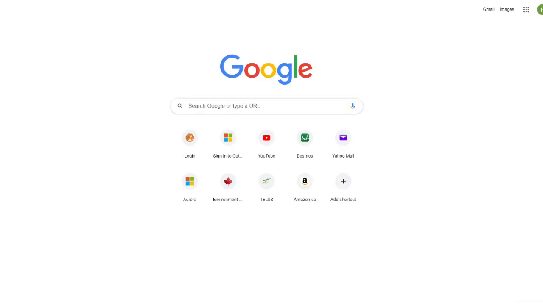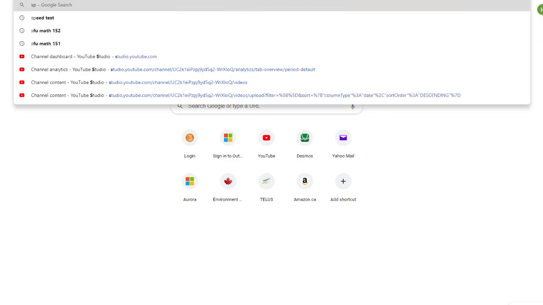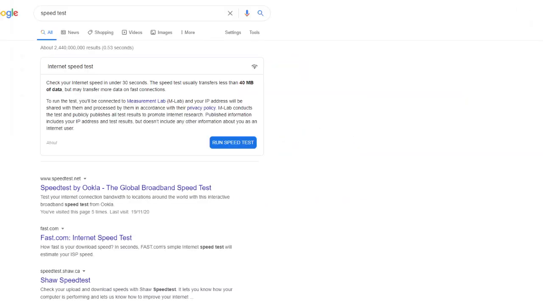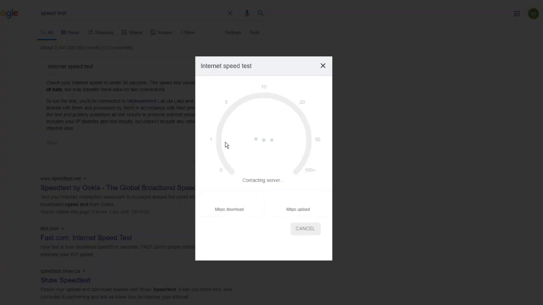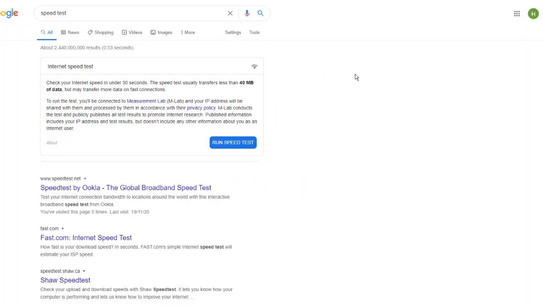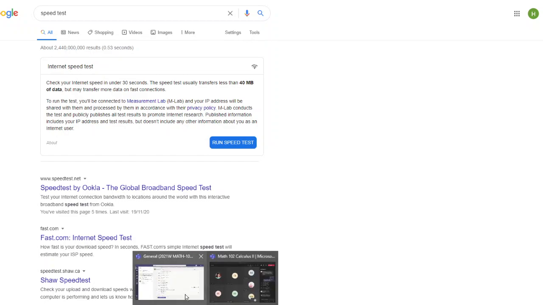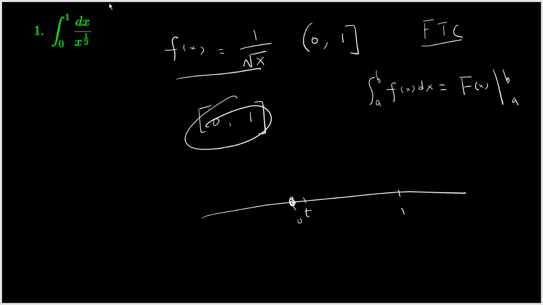I'll check if... I think the internet is okay. It's back to pretty fast speed actually. I'm pretty sure the internet is okay now. You can still see the screen, I guess. I think I lost the internet for 1 second.